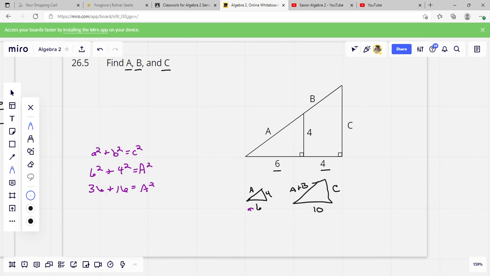I gotta add those together. 6 and 6 will be 12. Carry the 1. 3, 4, 5, 52 equals A squared. So that means that A is going to equal the square root of 52. Alright, so if A equals the square root of 52, we'll put our answers over here.